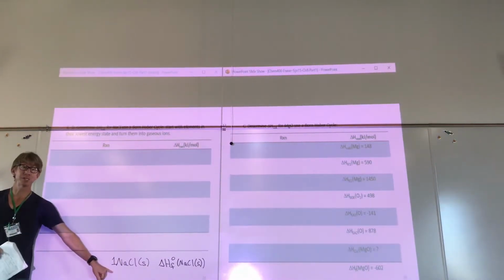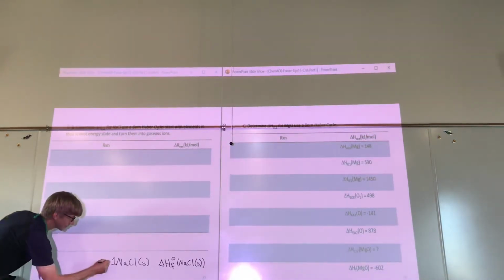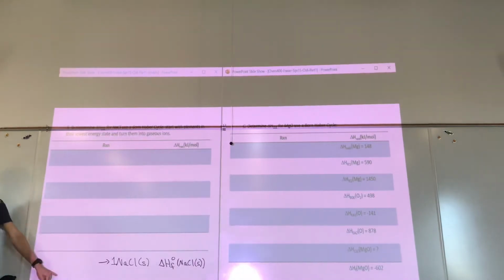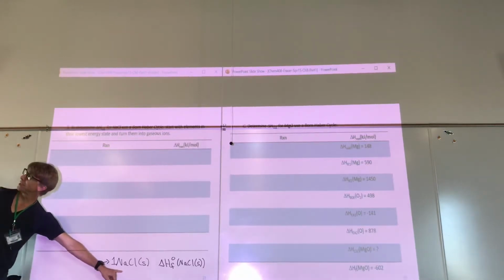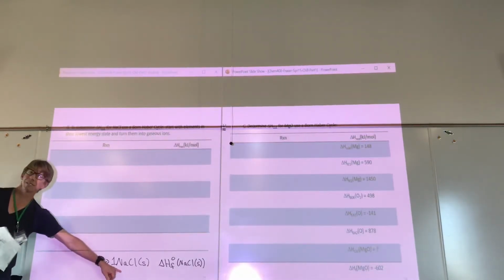Always true. That's why on the chapter 6 homework, we did write a delta H formation reaction, with the same subtleties. If you remember, the reactants were the lowest energy forms of each element. Those are reflected in the colors of the elements on the periodic table.